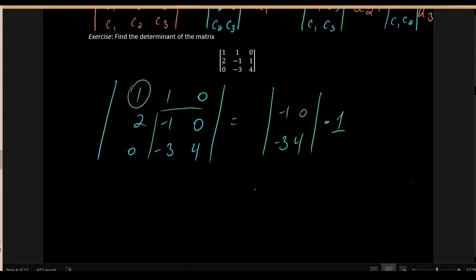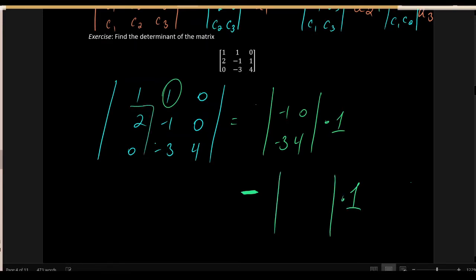After that, alternating sign, I'm going to subtract what I get when I take the number in the second column, first row, and then the determinant of the matrix that I get by excluding that row and that column.